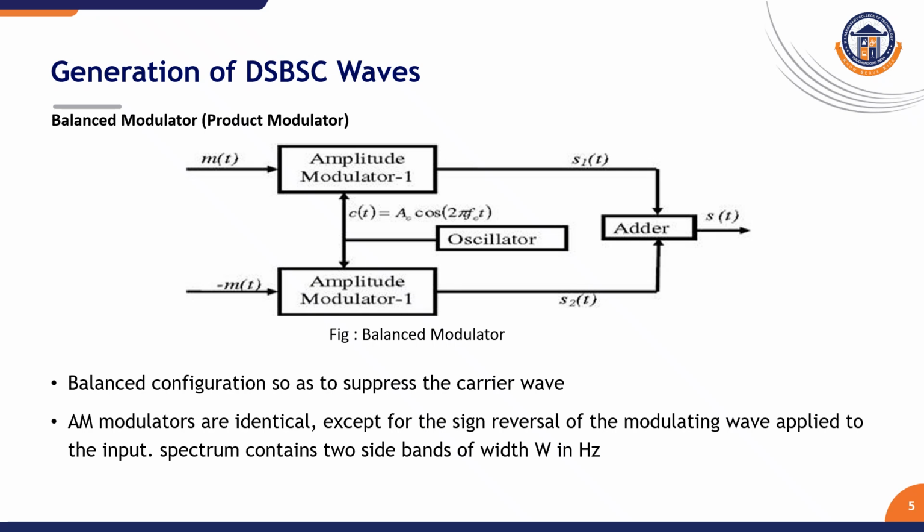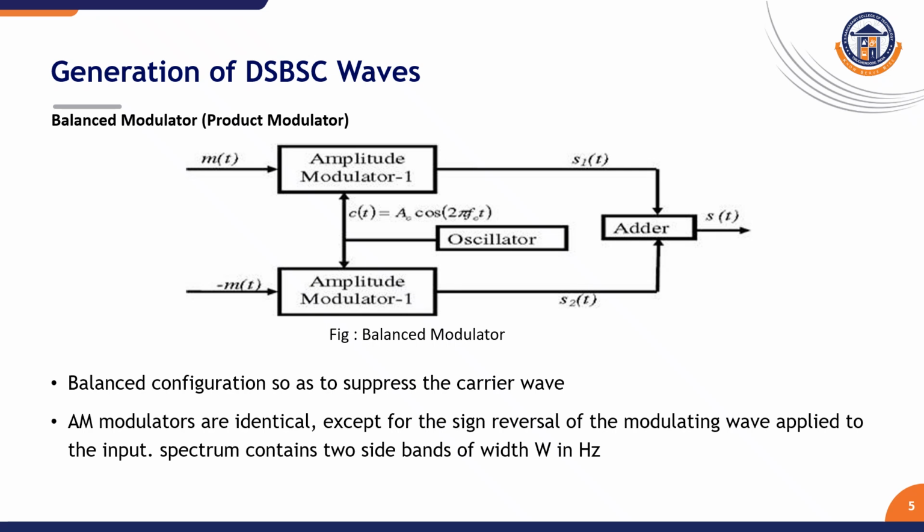Then the carrier signal is processed by DSBSC modulation, multiplying the message with the carrier signal. M of t into c of t gives s1 of t. Similarly, minus m of t into c of t gives s2 of t. And they are added together, because s1 of t provides the upper sideband and s2 of t provides the lower sideband. Now the product modulator output s of t is obtained. Why is it called a balanced modulator?